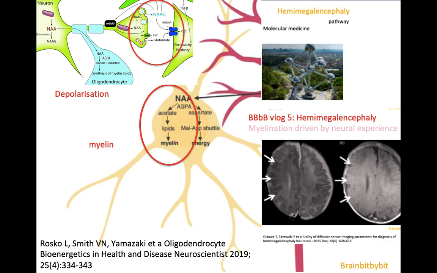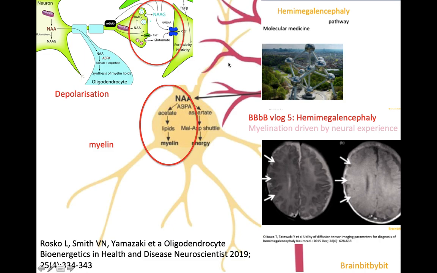And if you've seen previous vlogs, you might remember that in the one about hemimegalencephaly, I said that you could identify the abnormal hemisphere with seizures by the premature myelination, because myelination is driven by neural experience. And it sounded very logical, myelination driven by neural experience.